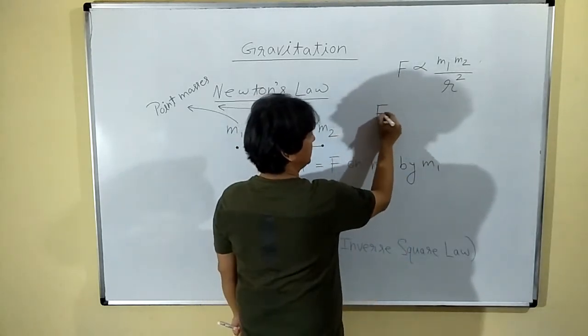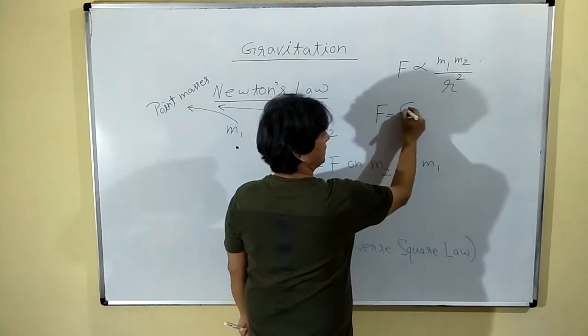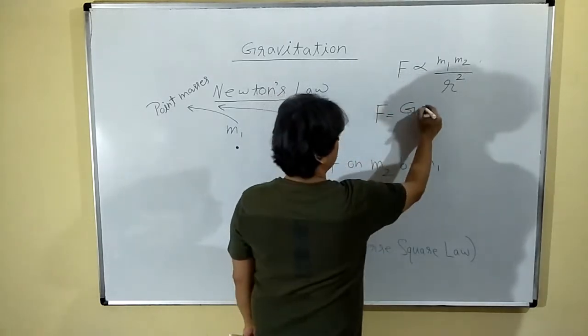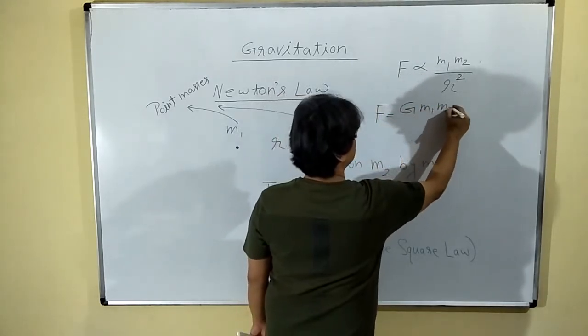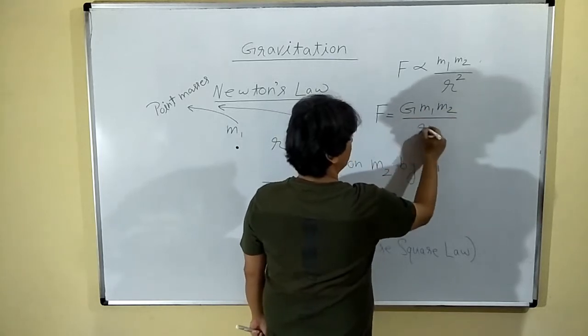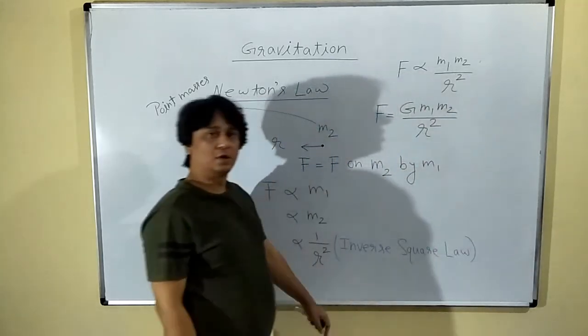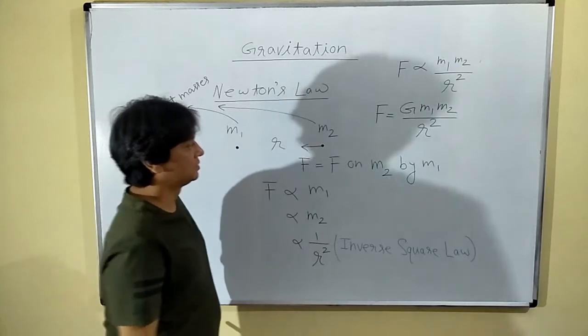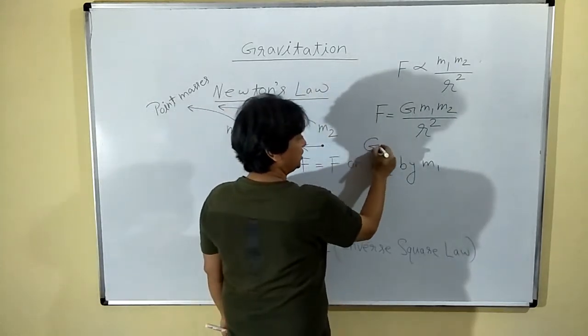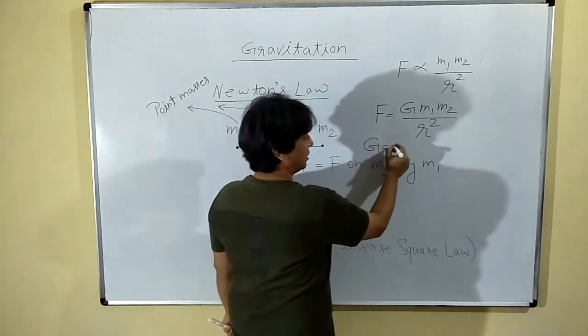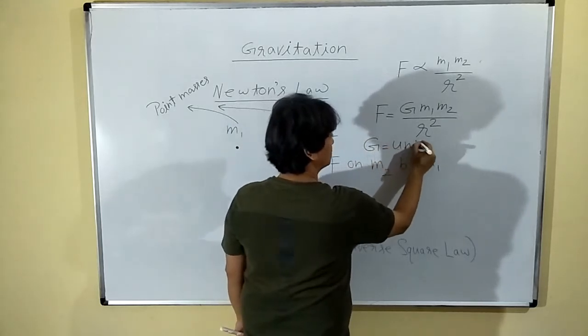This constant is capital G, which makes it G m1 m2 upon r square. What is G? This is a universal constant.